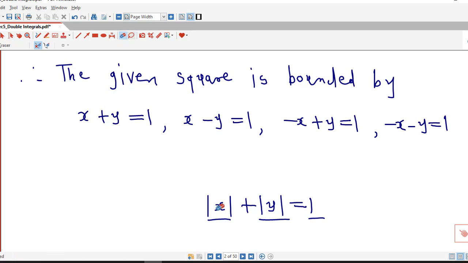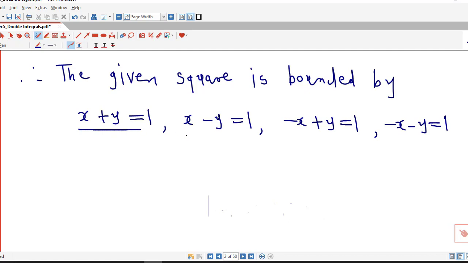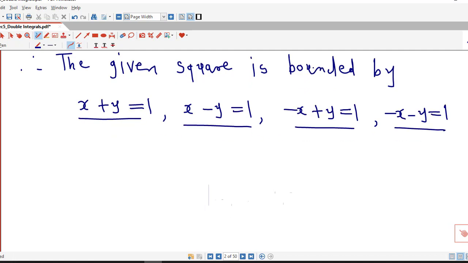So our region R is nothing but the region inside the square. That means the region is the inside portion of the square which is enclosed between these four lines. So we have to sketch these four lines, and as we know, if we want to sketch any straight line, then if it is possible to find at least 2 points on the line, then by joining those 2 points we can obtain the given straight line.